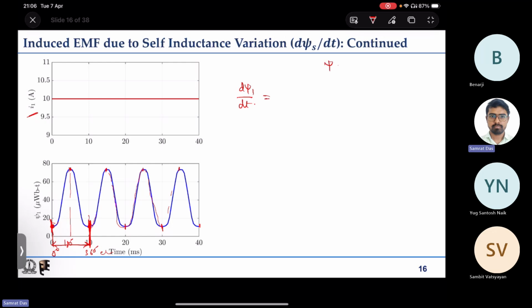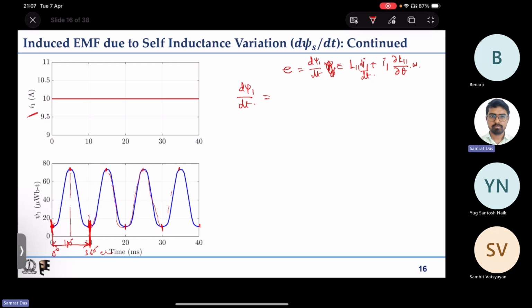We have seen that psi 1 is nothing but L11 I1, and the induced EMF, d psi 1 dt, has two terms: L11 dI1/dt plus I1 times dou L11 dou theta into omega.